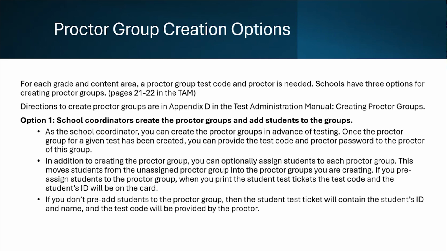Again, it doesn't have to be that way. The proctor will always have the test code to display on the screen or the board. But if you want the test code to show up on the test tickets that the students need to log in, you could do it this way.